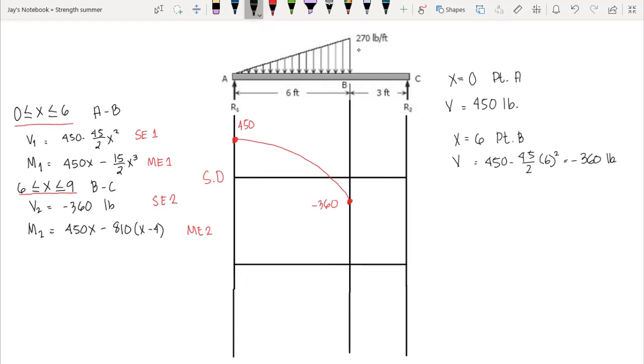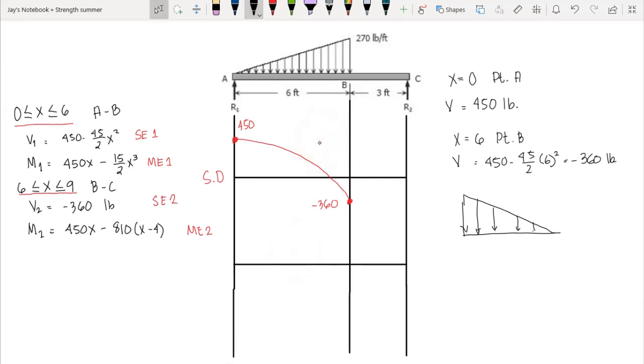Now what if we have a load like this one? Take note, we have a different consideration if we are referring to a load diagram. If we have a triangular or first degree shear diagram, the only basis in determining the curvature of our moment diagram is knowing if it is increasing or decreasing.